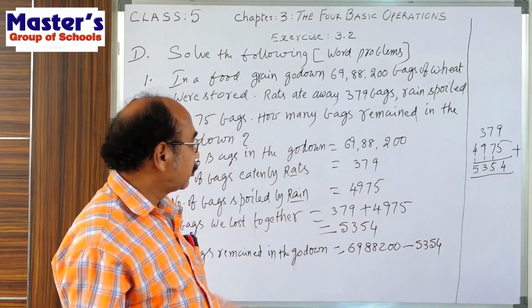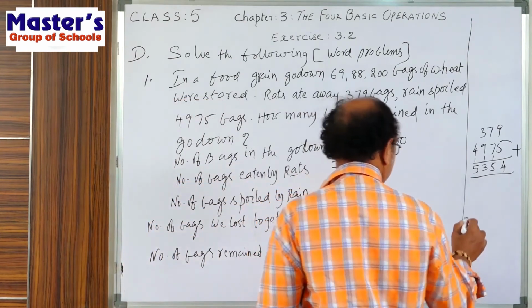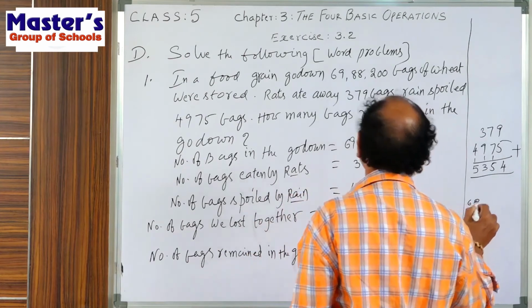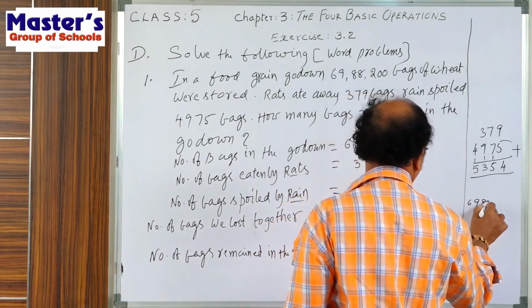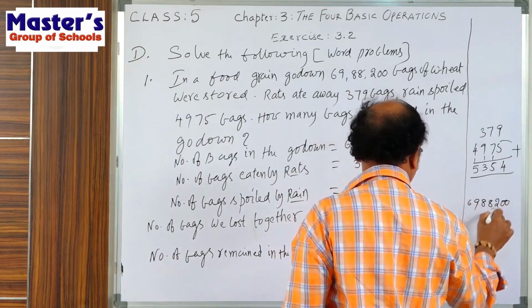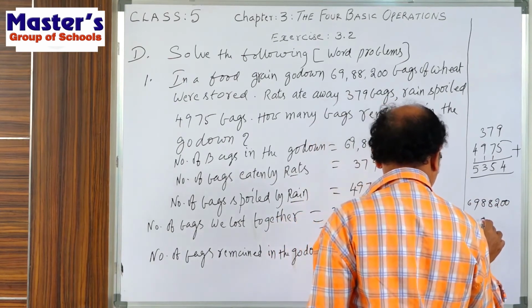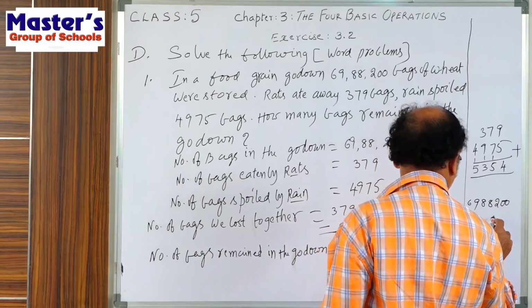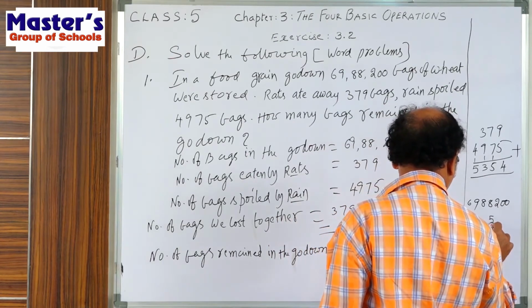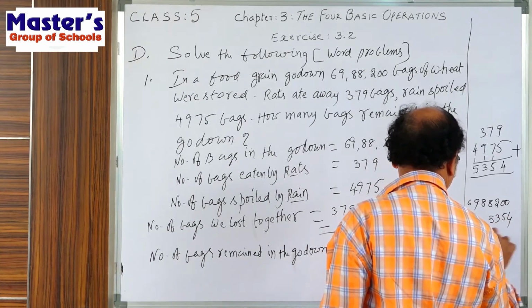Now here it is subtraction. 69 lakhs 88,200 minus 5,354. Subtract.